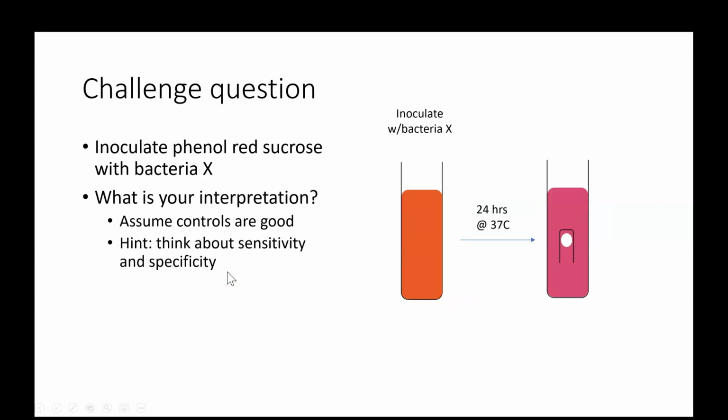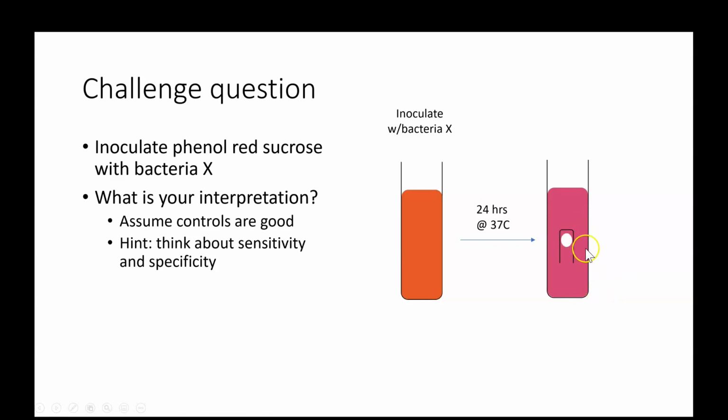I also want to give you a couple of challenge questions here and see if you can figure out what's going on. We have an unknown bacteria X, and I inoculated phenol red that contains sucrose. So I inoculated this bacteria into phenol red sucrose broth, incubated 24 hours, 37 degrees Celsius. And you can see the results here.